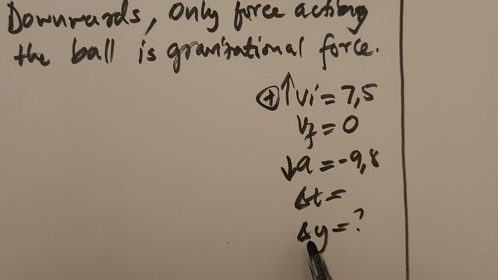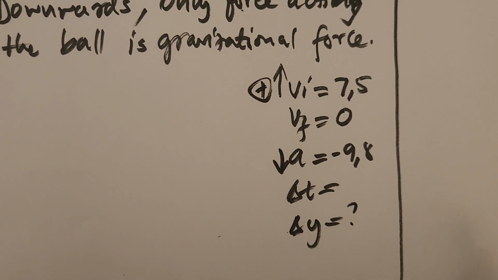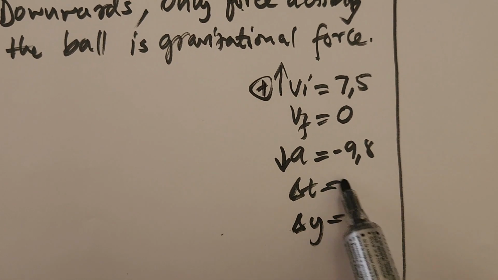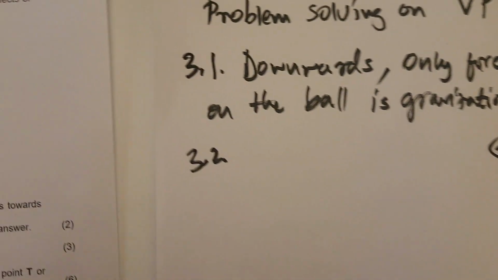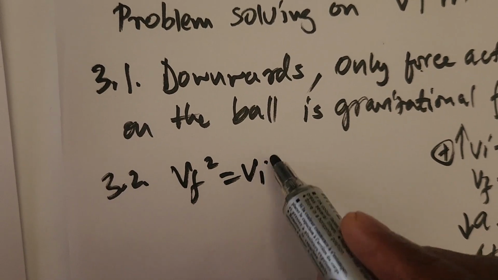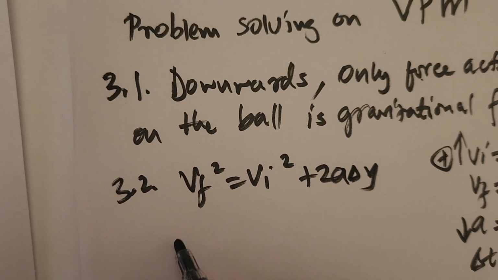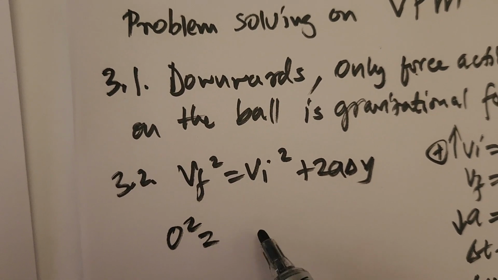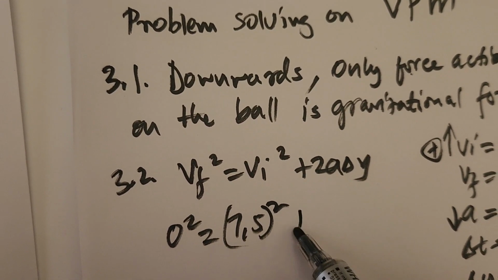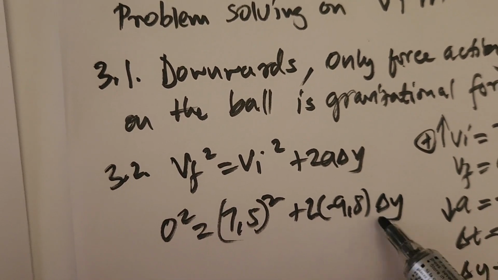When we are calculating delta y, nothing is said about the time, therefore we go for the formula without delta t, which is this one: VF squared equals VI squared plus 2A delta y. VF squared will be 0 squared equals 7.5 squared, plus 2 into negative 9.8 multiplied by delta y.